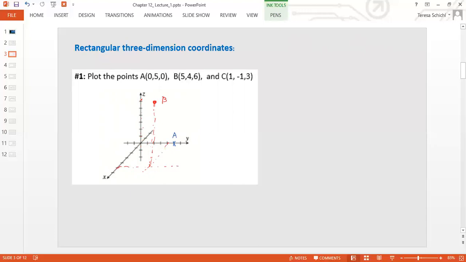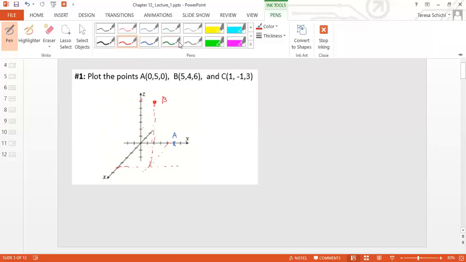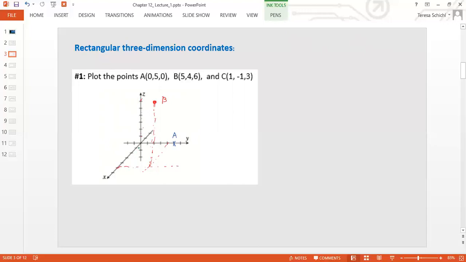Now let's look at the last point, C. X is 1, so you still draw a parallel line here. Then y is -1, which is here, so we draw a parallel line to x.